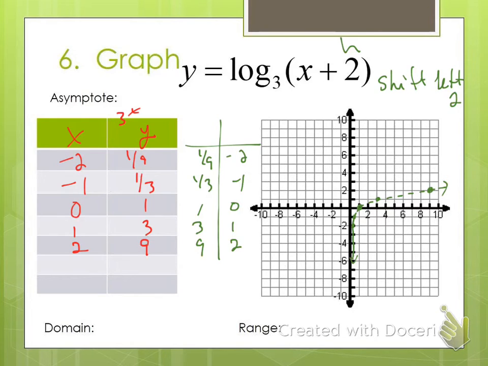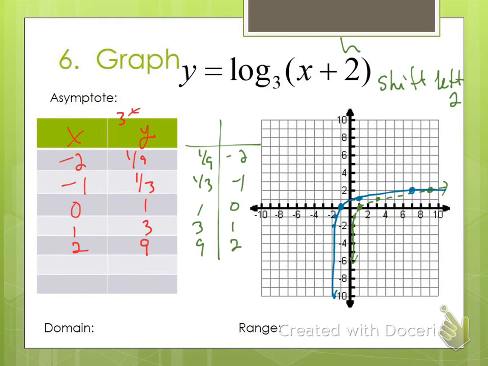No problem. We just take all these points and shift them left 2 spots. So this guy goes here, this guy goes here, this guy goes here, and then here, here. And the imaginary wall kind of gets shifted back as well.